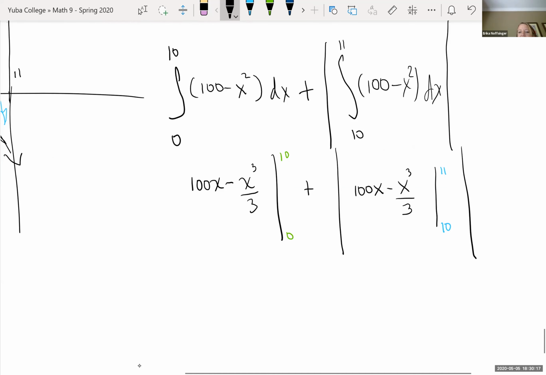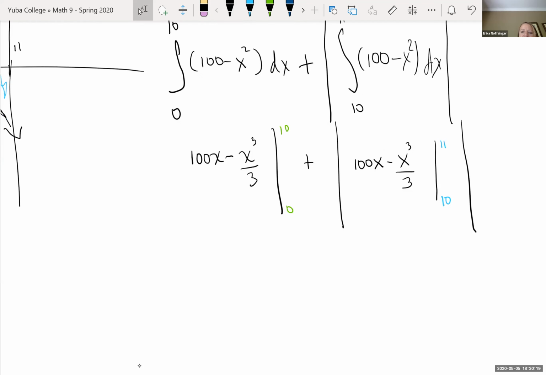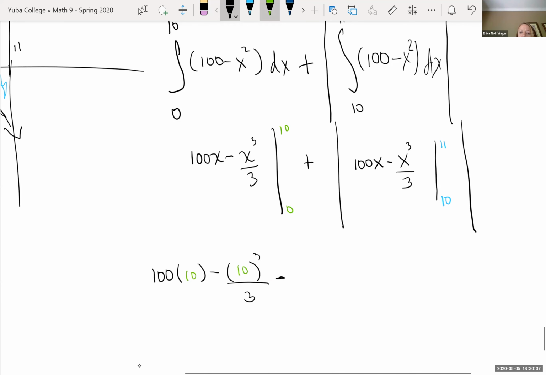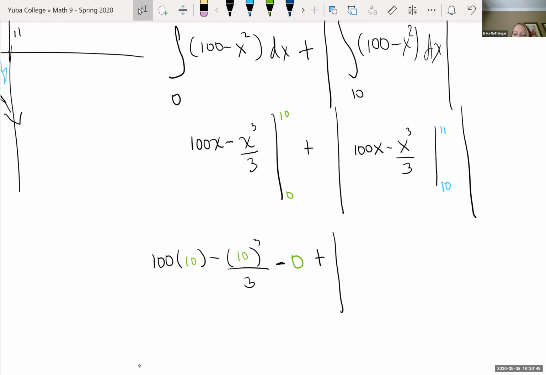Okay, so plugging in 10 wherever you see an x, we get 100 times 10 minus 10 cubed over 3. And then minus, well, if you plug in 0 wherever you see an x, you still get 0. Plus the absolute value of this whole thing. So now we're going to plug in 11 wherever we see an x.